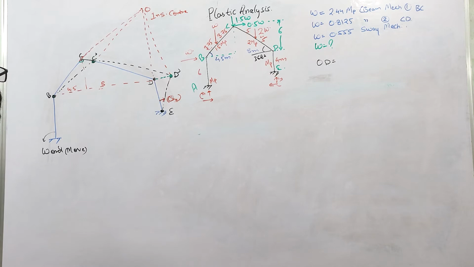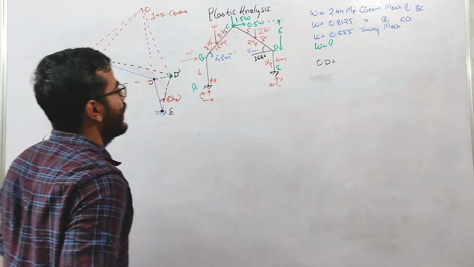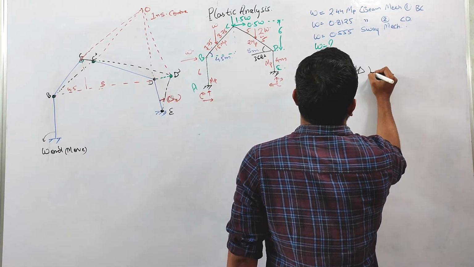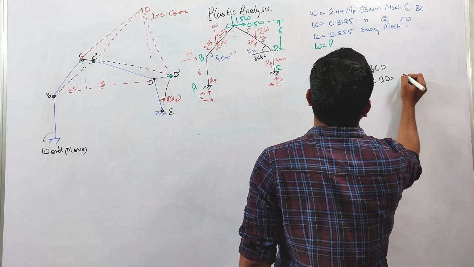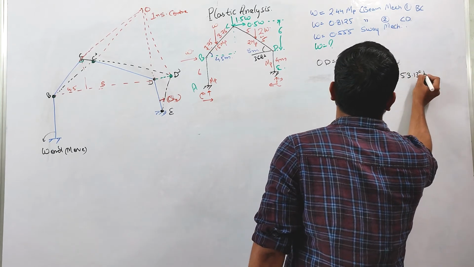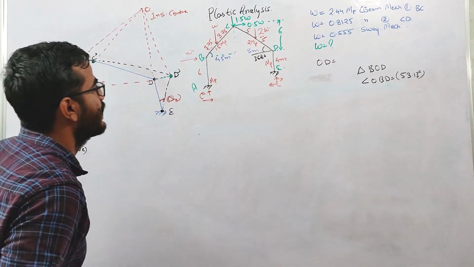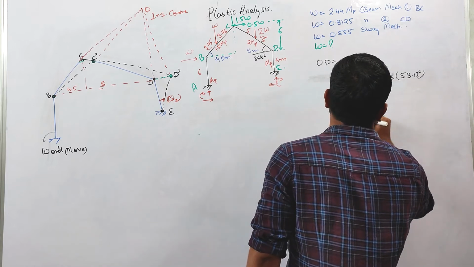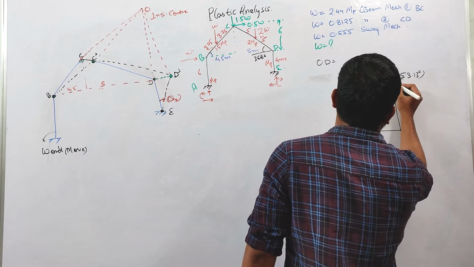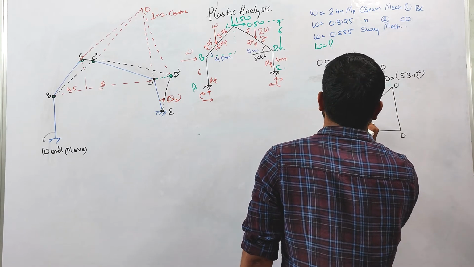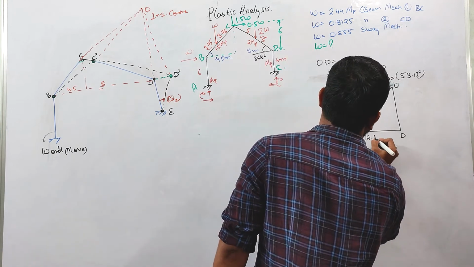If you see this complete triangle BOD, what is the angle OBD? OBD is 53.13 degrees. We have already discussed this. So our situation is like this: this is B, this is D, and this is O. This angle is 53.13 degrees, and this distance we know is 12.5 meters.